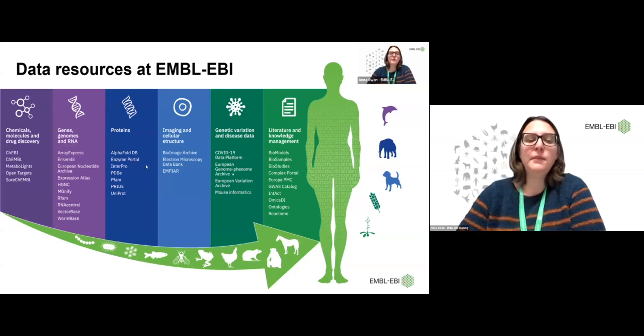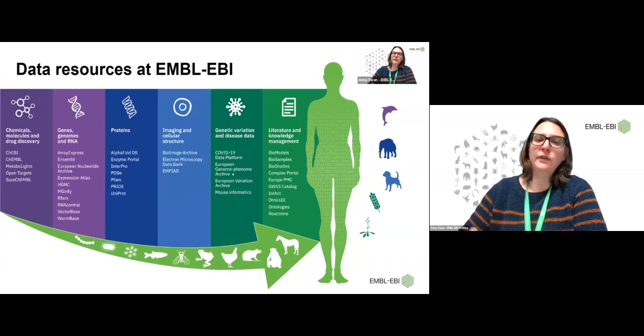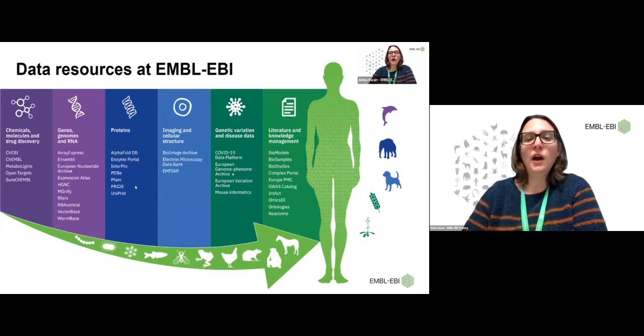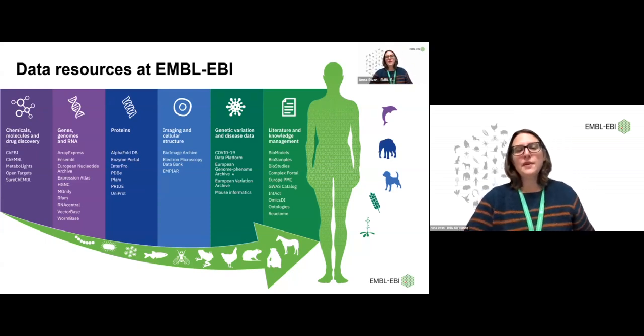Proteins, we have UniProt, as I mentioned, which is a great first place if you're looking to find out more about a protein. But there's also places like PDBe to look for experimentally derived protein structures as opposed to AlphaFold for predicted structures. There's also PRIDE to look at mass spectrometry data. So all different ways of looking at proteins.